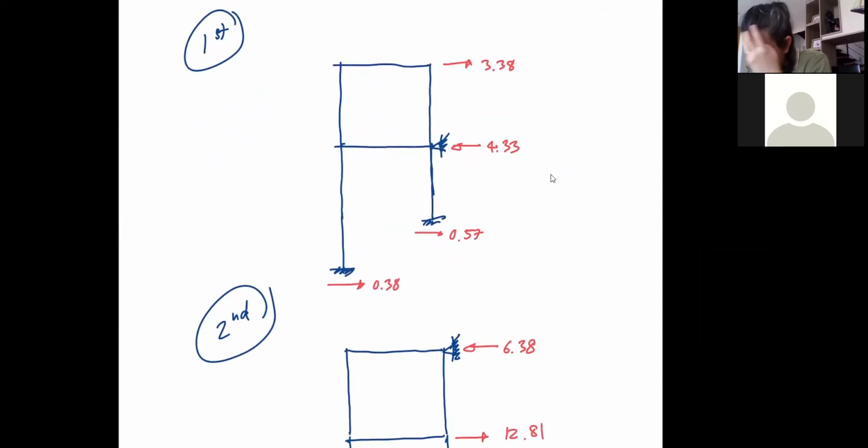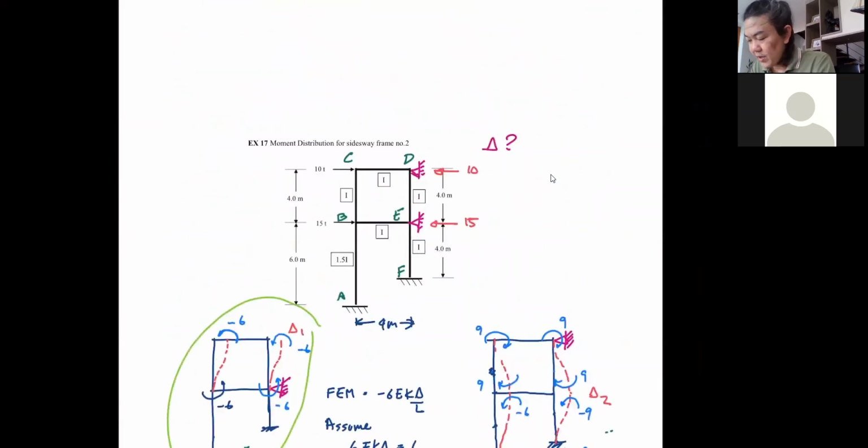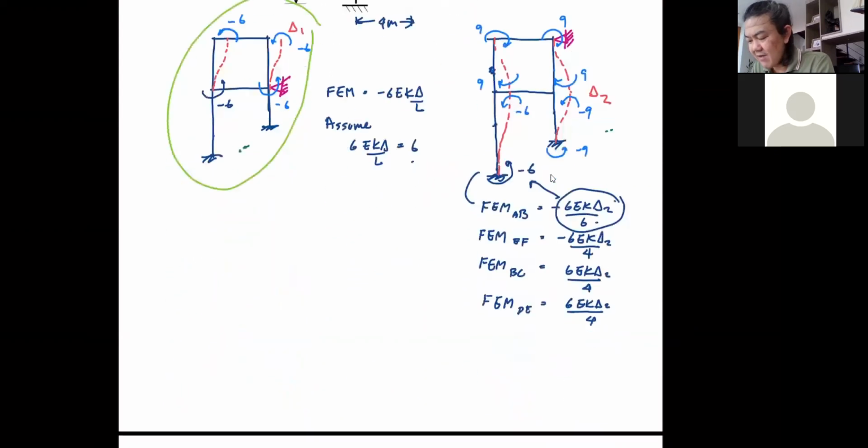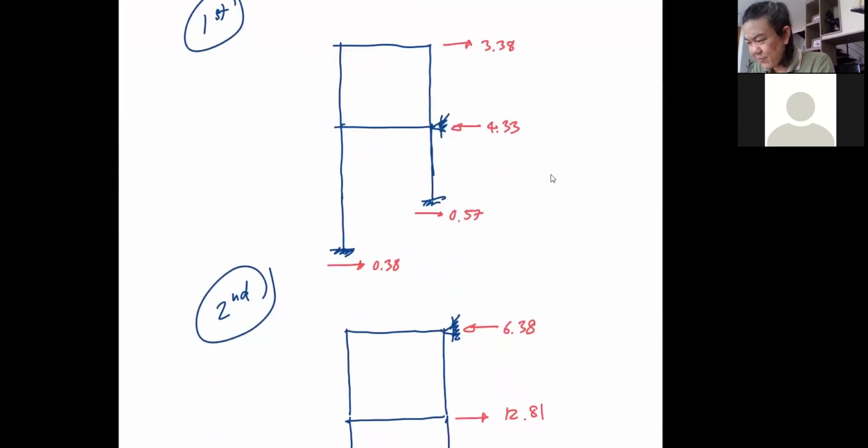When we are at the first case, okay, go back out. We want the moment, not the displacement. We want the moment from the load equal to 10, going to the left. And another, we want the moment from the load 15 going to the left. But look at what we have now. From the first case, we have 3.38 going to the right and 6.38 going to the left.